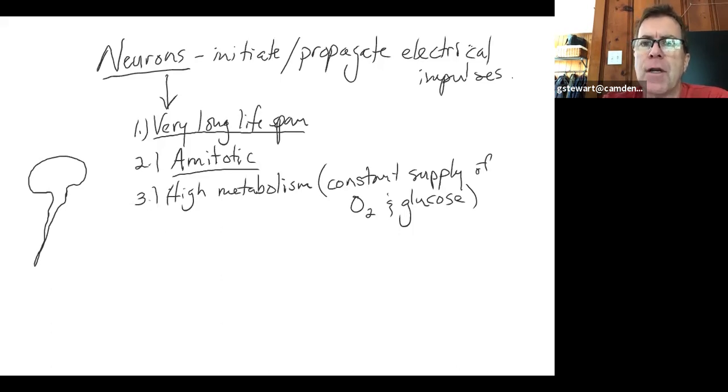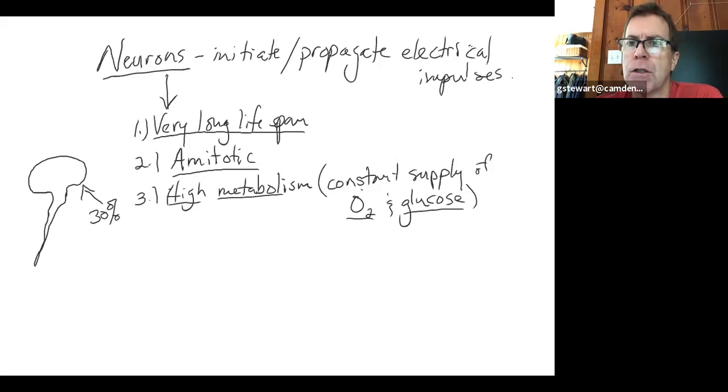So of all the energy in our body, 30% of it goes toward this organ, the central nervous system. And these cells have such high metabolism that the demand for oxygen and a constant energy source is huge, which is another reason it's theorized that we as humans carry so much adipose tissue, so much fat, not only around our organs, but under our skin, because that's a constant energy source.